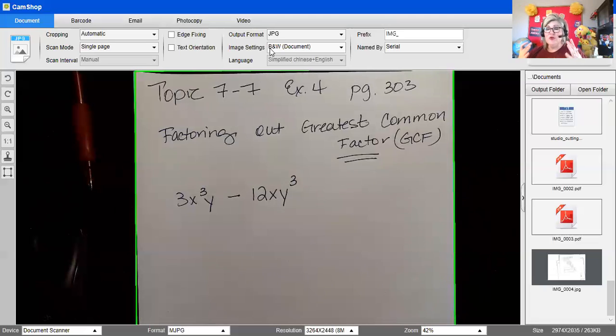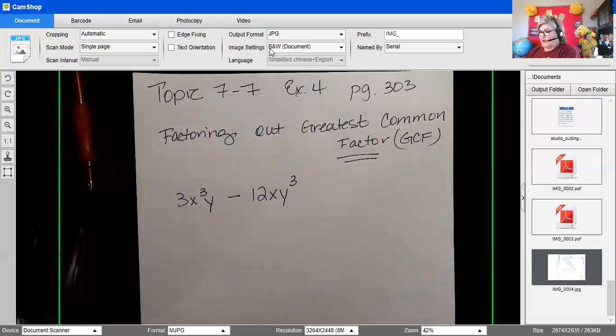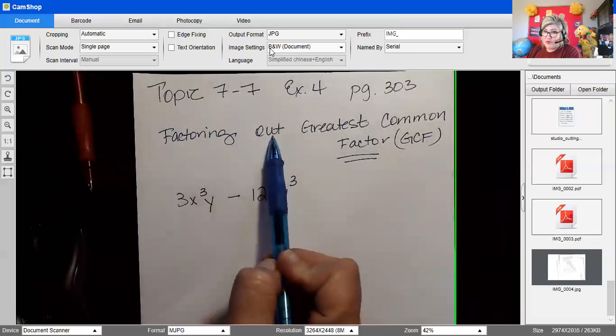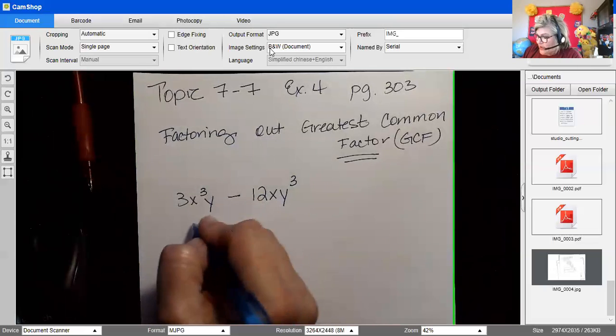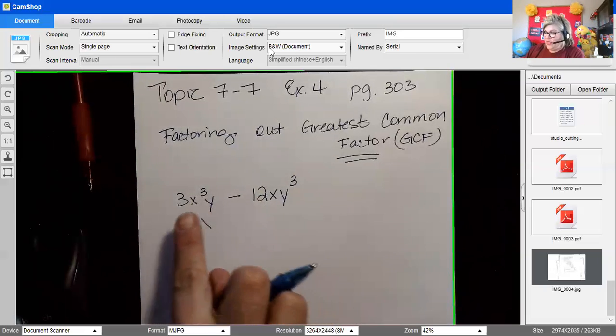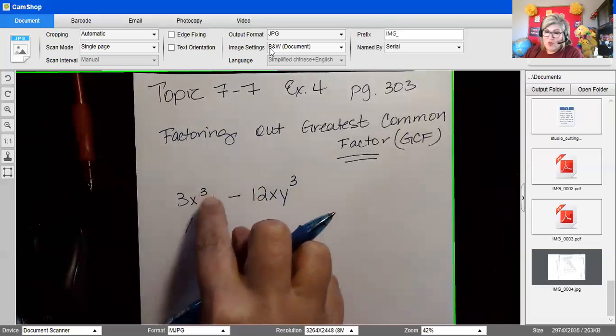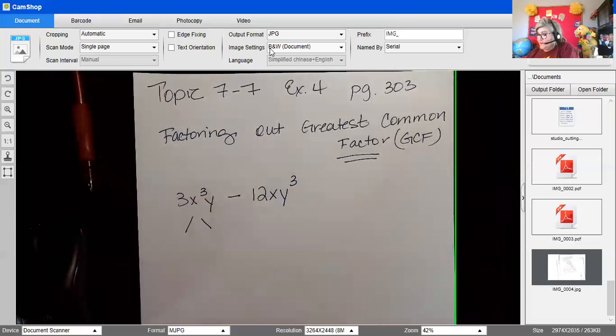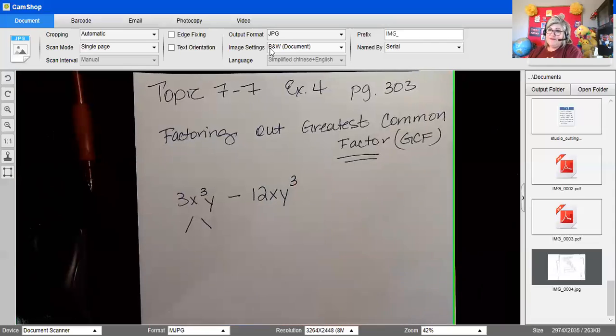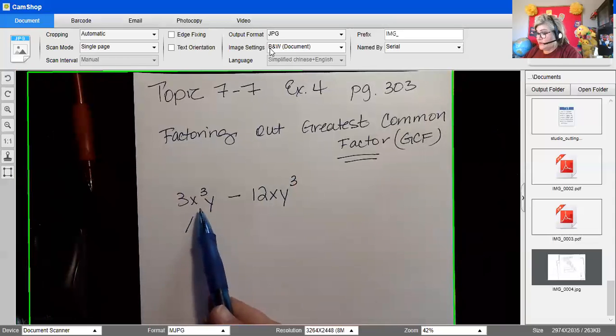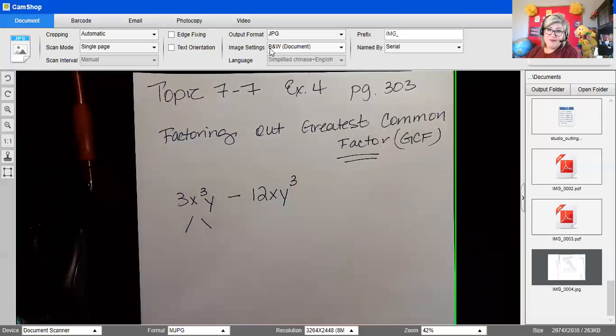We know that when we're looking at greatest common factors and when we're trying to factor out, these factors have to be in common in each term. So let's look at 3x cubed y. What does 3x cubed y have in common with 12xy cubed? Well, we can see they both have an x term.